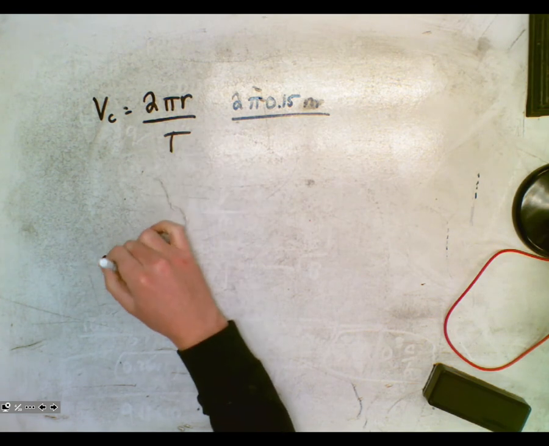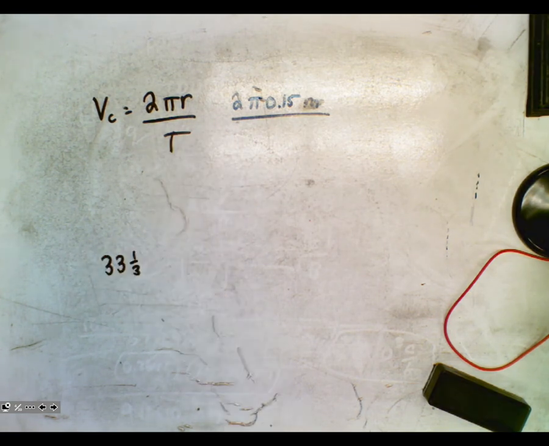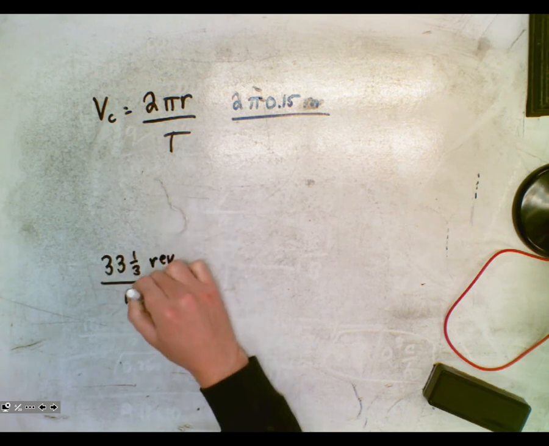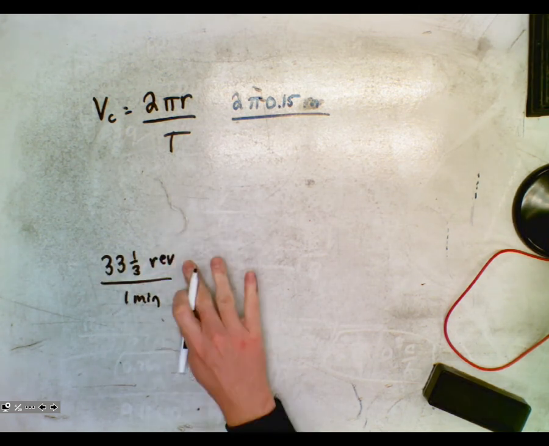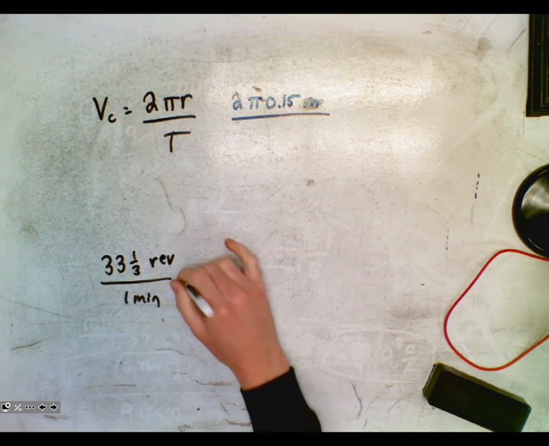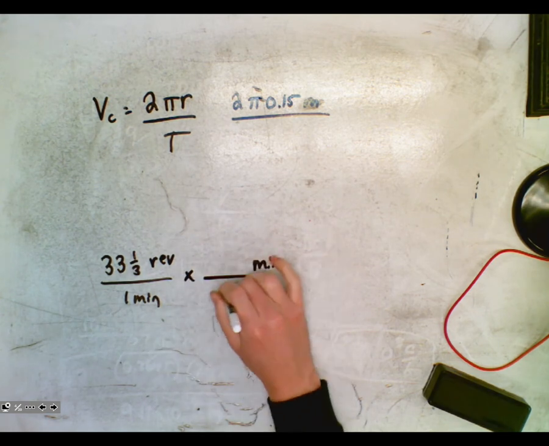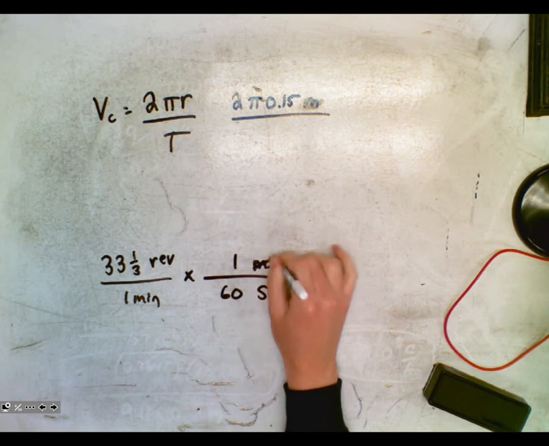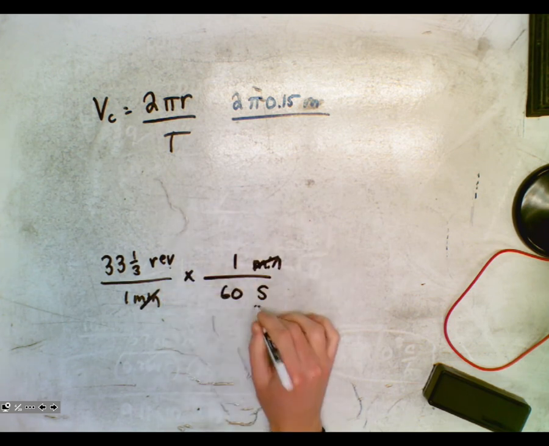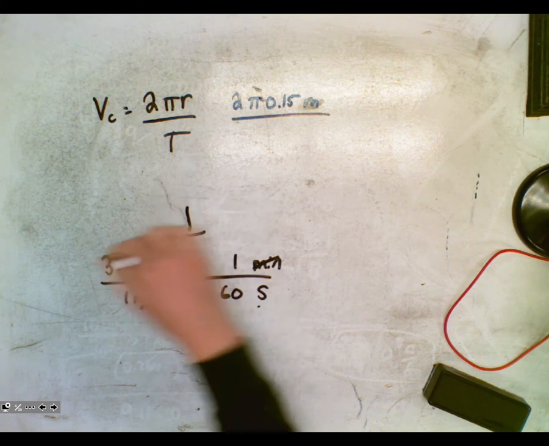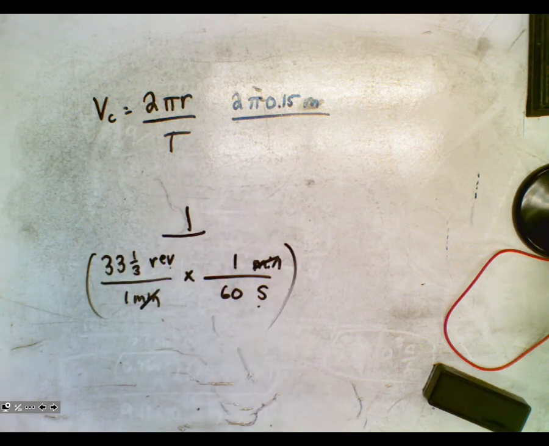So it's set at 33 1/3 revolutions per minute. To get a period, we need that time to be on top, and we also probably want this to be in seconds. So I'm going to turn my minutes into seconds, because I know there's 60 seconds in 1 minute. So now we have revolutions per second. And if I want seconds to do 1 revolution, I just have to flip it, 1 over all of this.